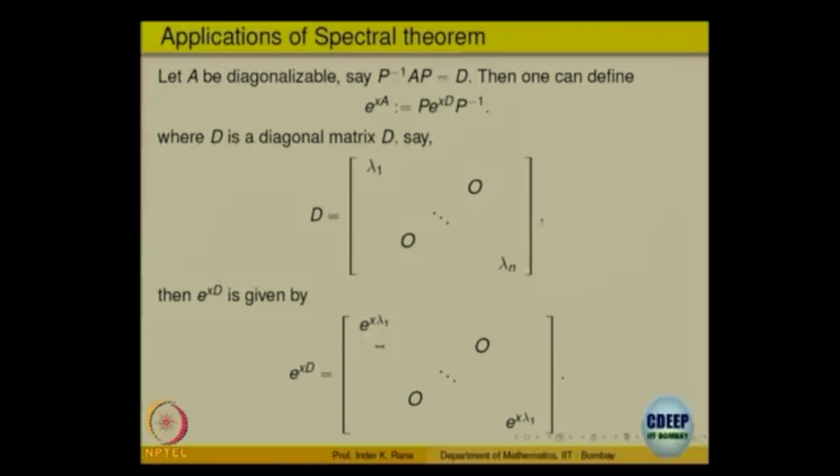If the entries are lambda 1, lambda 2, up to lambda n, then e raised to power D is just the diagonal entries e raised to lambda 1, e raised to lambda 2, and so on. Right? This happens actually not only for the exponential, for any function of D, you correspondingly look at f of lambda 1, f of lambda 2, and so on. So diagonalizability has a lot of applications in computing functions, when the domain of a function is a matrix.